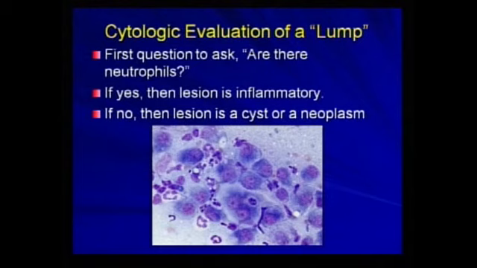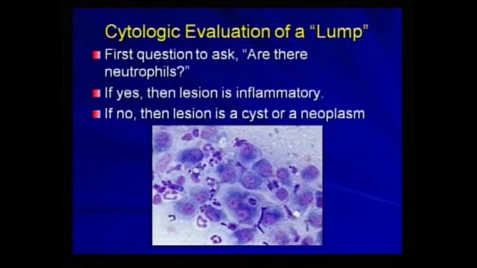So anything that liberates keratin into tissue, like a squamous cell carcinoma, a ruptured hair follicle, anytime you have hair within the body, or keratin, you're going to get neutrophils. But the vast majority of neoplasms, you see no neutrophils.